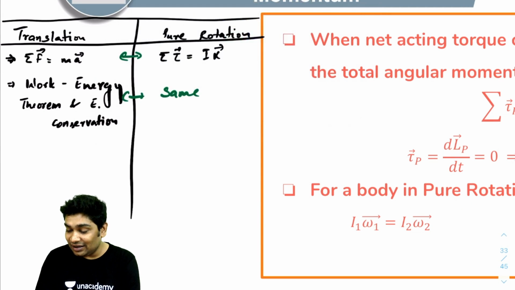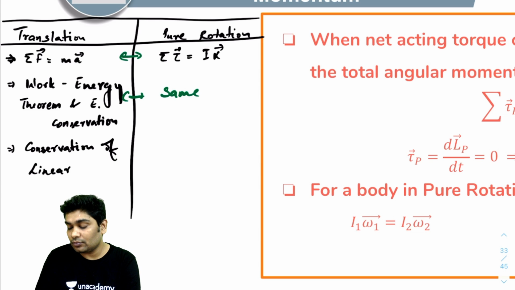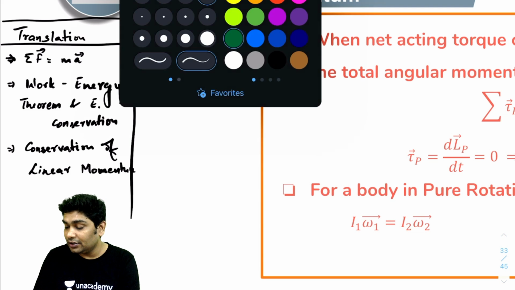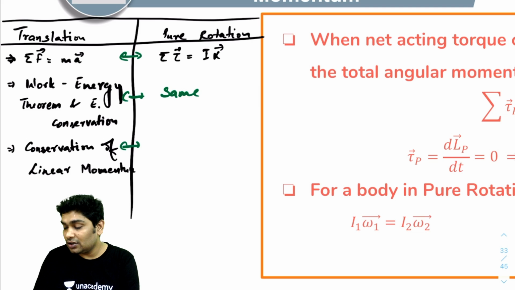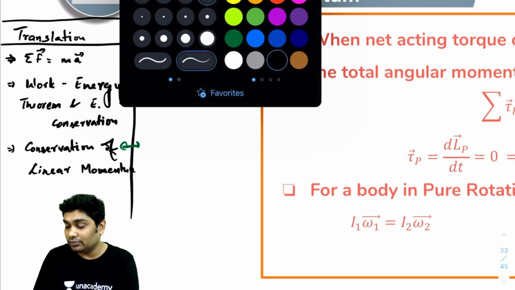Next, you had linear momentum conservation. Conservation of linear momentum. And on a parallel, here you have conservation of angular momentum.